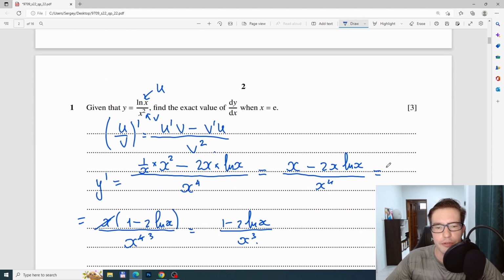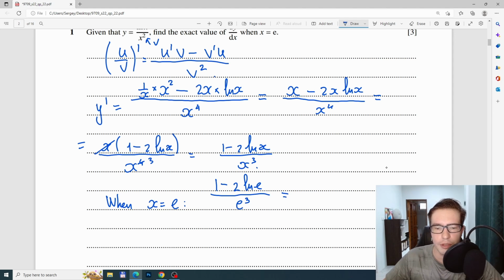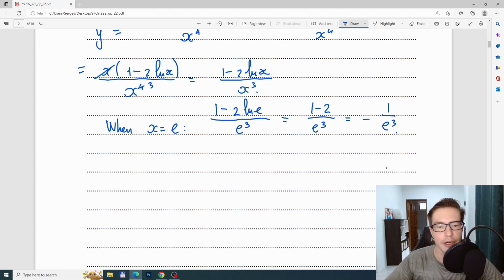Also we have to find the value of the derivative when x equals e. So substitute it and we'll get 1 minus 2 natural log e over e cubed. Now, natural log of e is 1, so we'll get 1 minus 2 over e to the power 3, which is minus 1 over e cubed. And that's going to be my answer for this question.